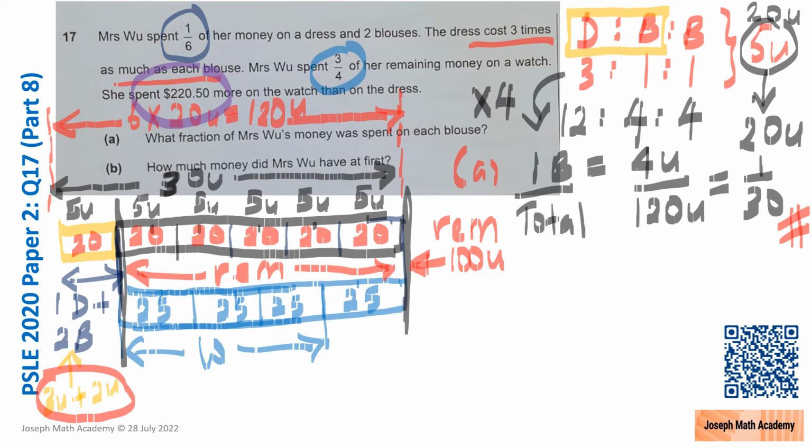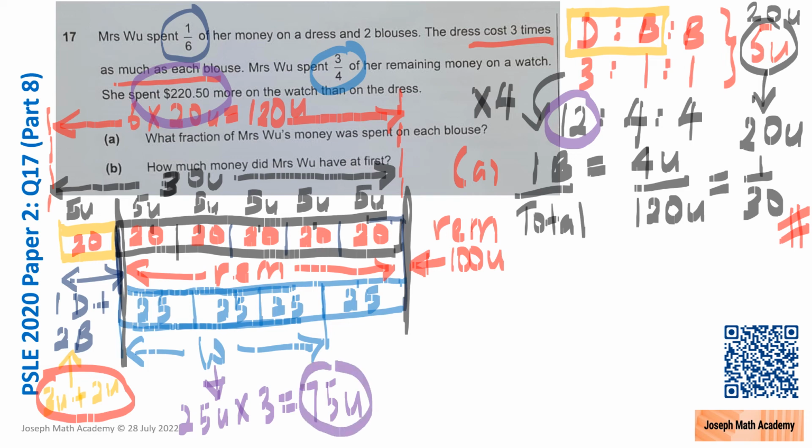Let's find out the watch. How many units? The watch is actually 25 units appearing 3 times. That is our 75 units. So the watch is 75 units. And one dress is 12 units. So 75 here, 12 there.